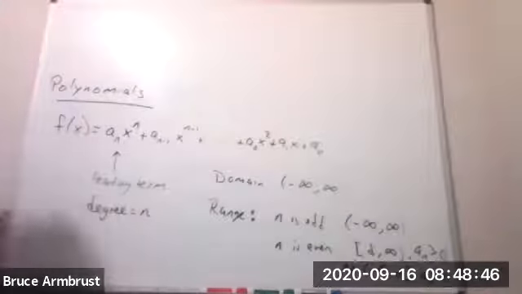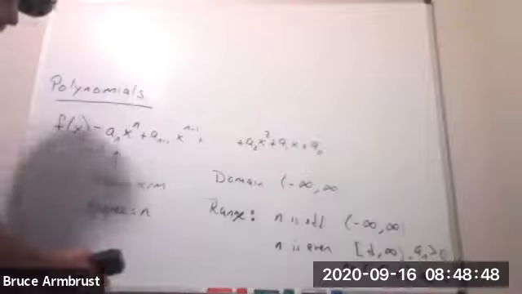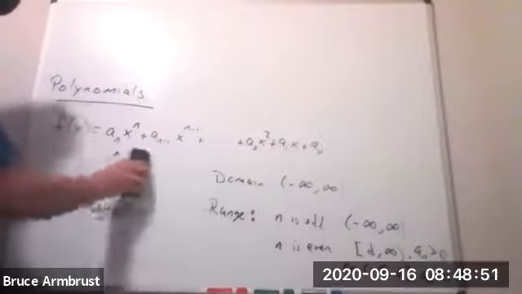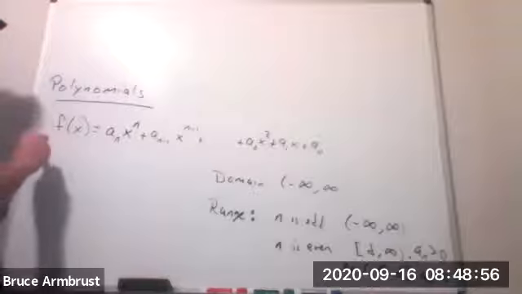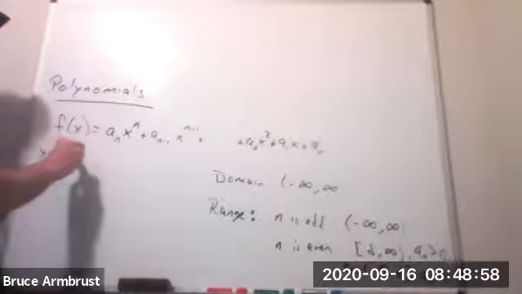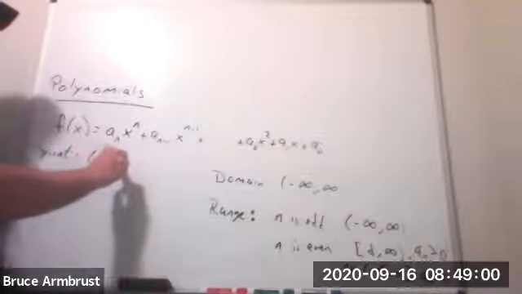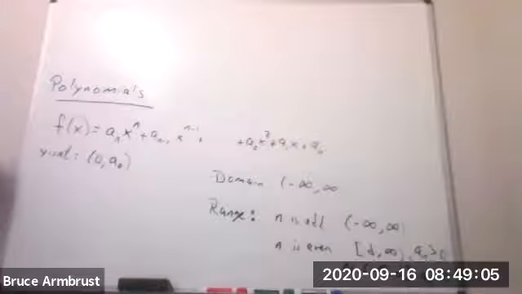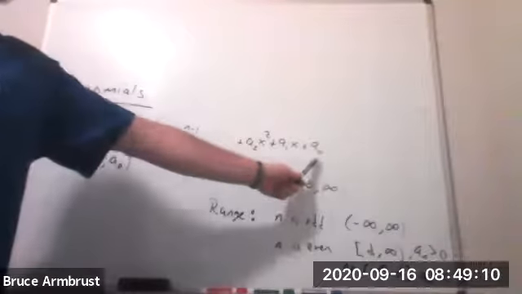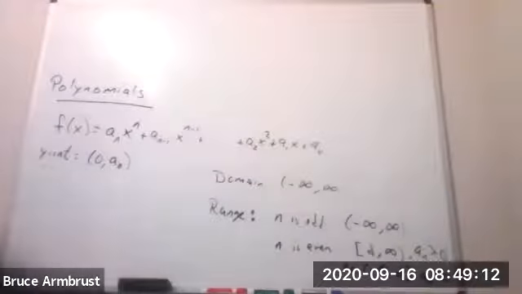All right, so there's a little bit about domain and range. So let's talk about things like intercepts and other fun stuff. So in terms of intercepts, the y-intercept is actually nice. It's always (0, a naught). So whatever this last term is, this constant term, that's the y-intercept. And you can probably see why.